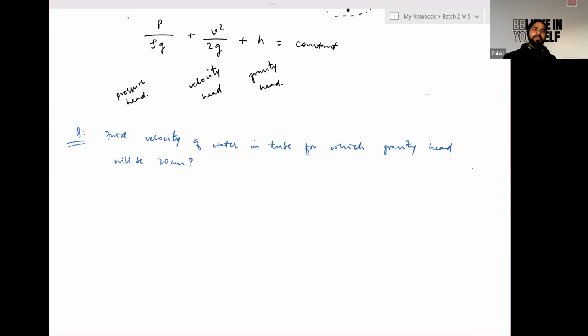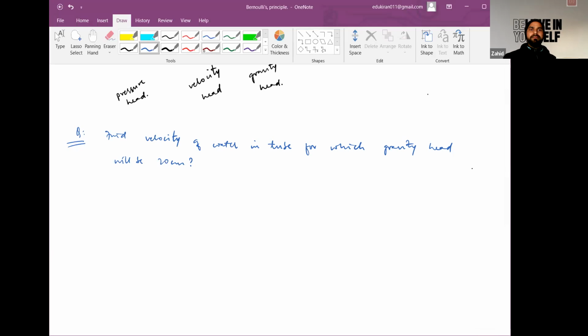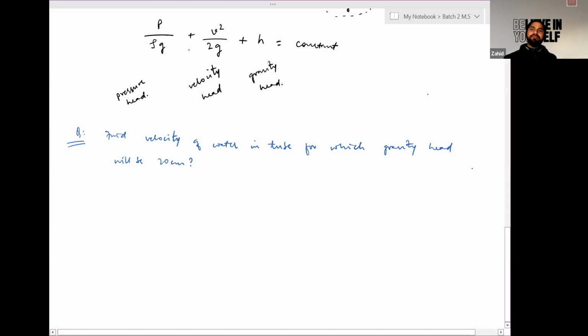Samara, what will be your unit? We can equate V squared by 2 times gravity equals H. So V equals root under 2gh, where gravity is 10 and height is just 20 centimeter, so it will be 0.2.